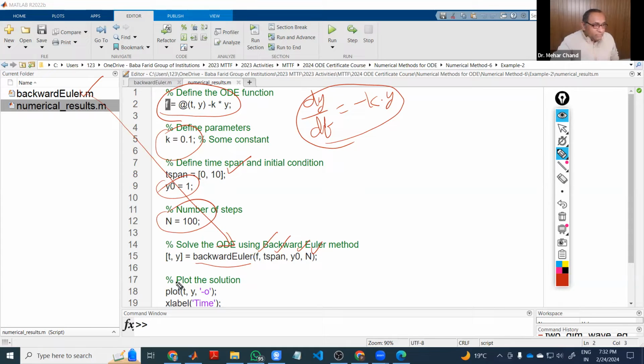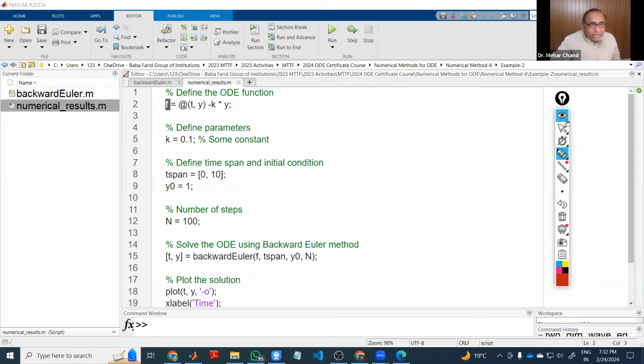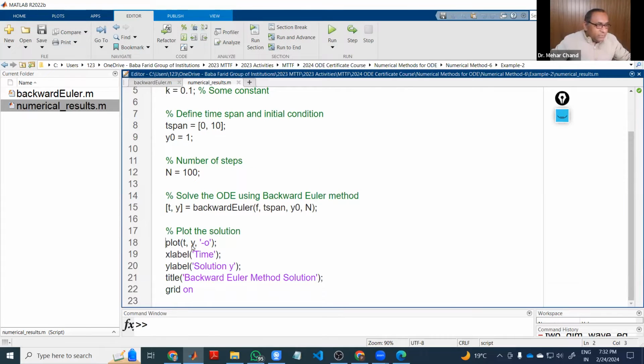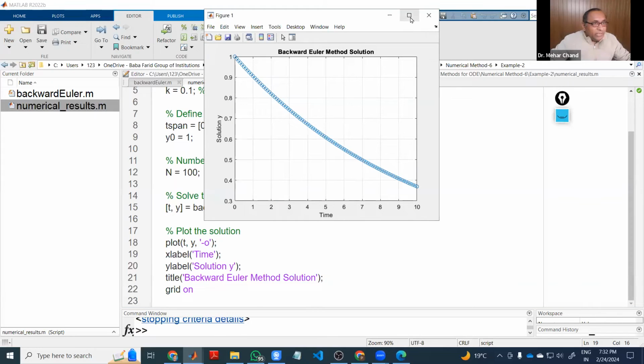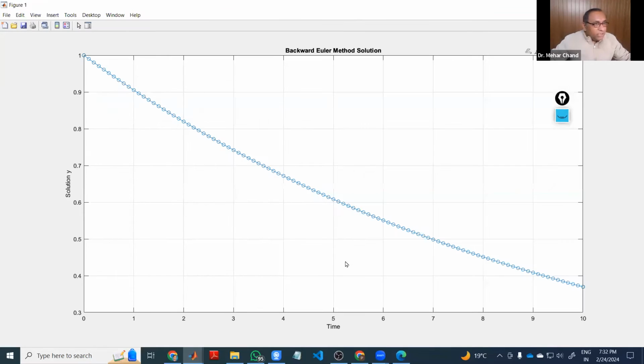After that we have the plot function, and you can assign the x label, y label, whatever we need. So this is the plot function, x label, y label, title, and grid on. When you execute it, you can see this is the solution.